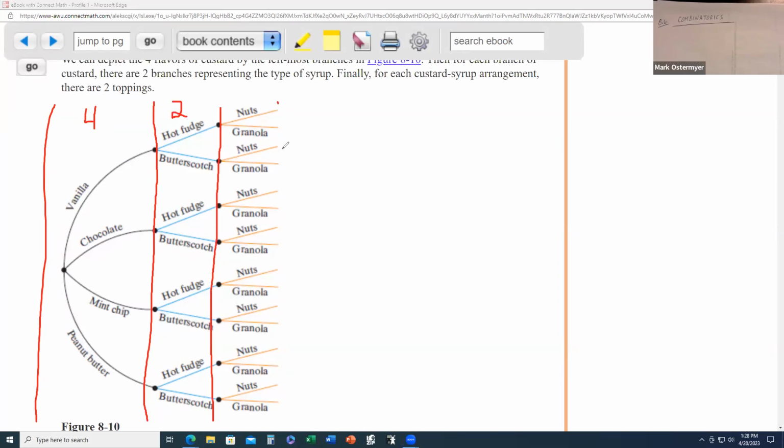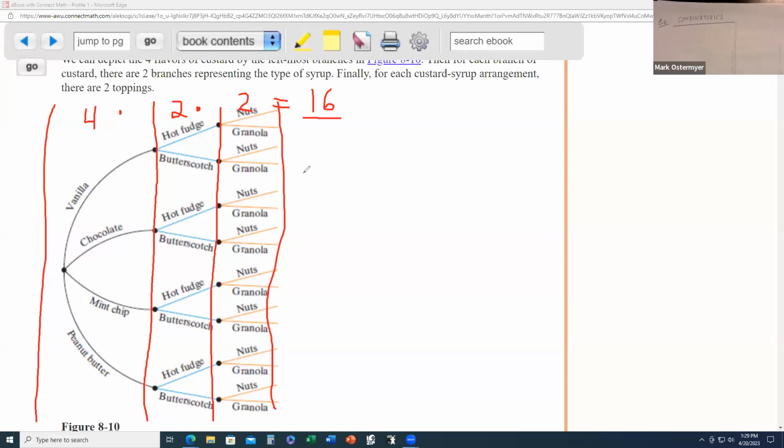How many choices for the toppings? 2 choices. What's 4 times 2 times 2? According to the fundamental principle of counting, there are 16 possible sundaes you can arrange. 16. And we have gone through all 16 by following the branches of the tree. Does that example make sense, what's going on there?